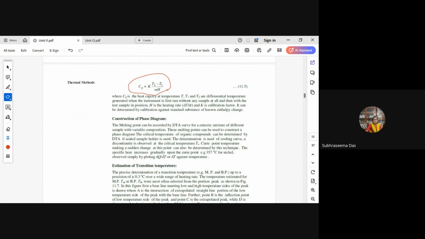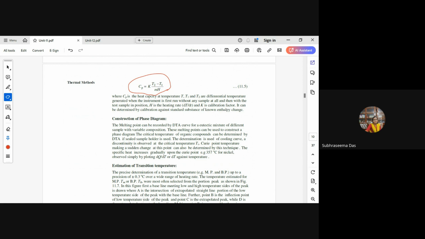The construction of phase diagram using DTA curve. The melting point can be known by the DTA curve for a eutectic mixture of different samples with variable concentration or composition. The melting points can be used to construct a phase diagram. The determination uses a cooling curve. A discontinuity is observed at the critical temperature, which is represented as Tc.